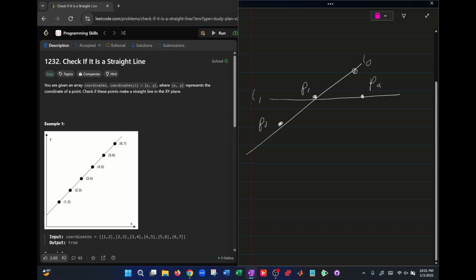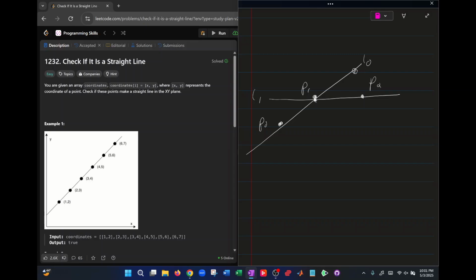Basically, if we start with P0 and P1, we can get the slope there. And then for any third point, all we need to do is find the slope between that point and P1 and compare that to the slope between points P0 and P1. Because if it's the same slope, then we know that these two lines share a point, and so it will be the same line.